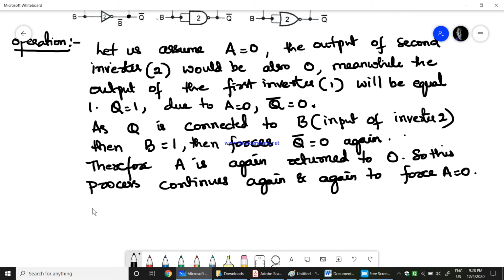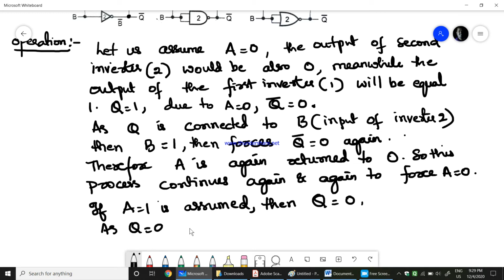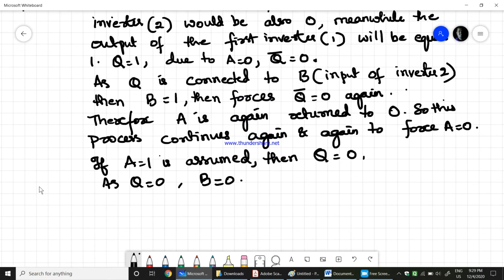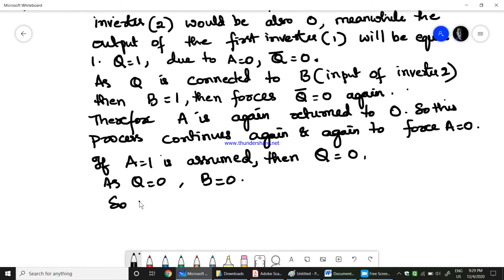Okay, now if A equals 1 is assumed, then Q will be equal to 0, right? Q will be equal to 0. Then as Q is equal to 0, B will also be equal to 0. So when B is equal to 0, then Q bar will be equal to 1.